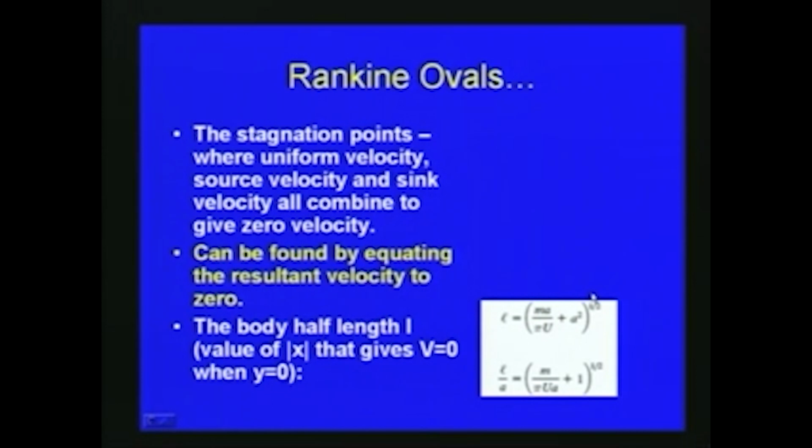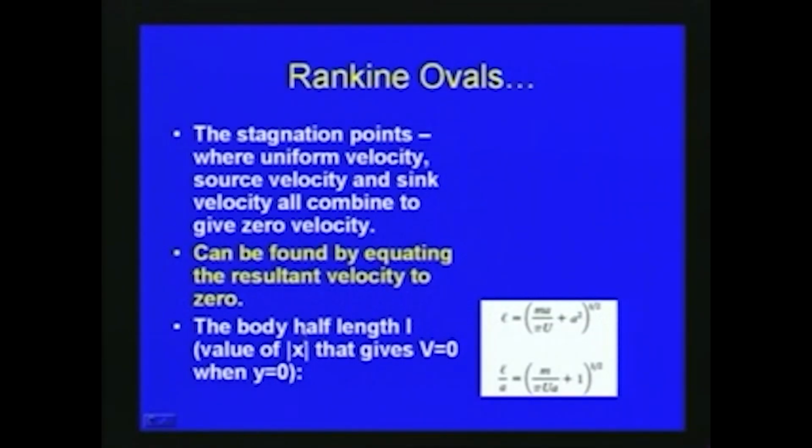Now, for the Rankine oval, the stagnation point is where the uniform velocity, source velocity and sink velocity all combine to give zero velocity. So, we can find it by equating the resultant velocity to 0.